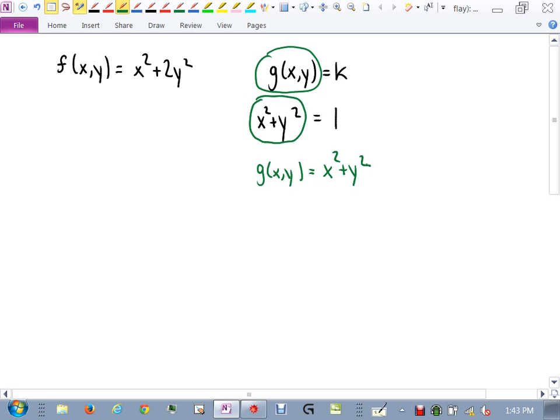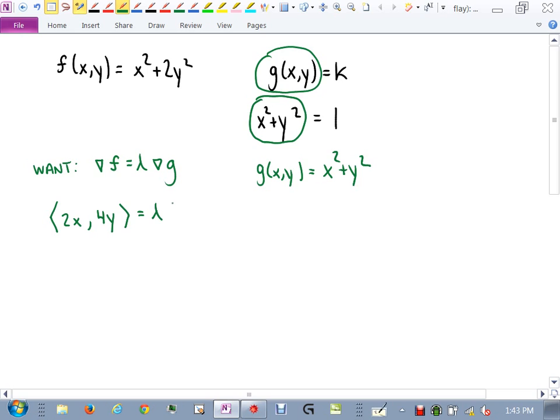So what I want is the gradient of f to be equal to lambda times the gradient of g. What is the gradient of f? 2x, 4y.